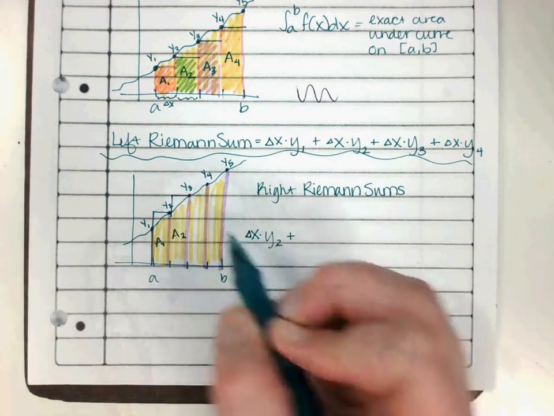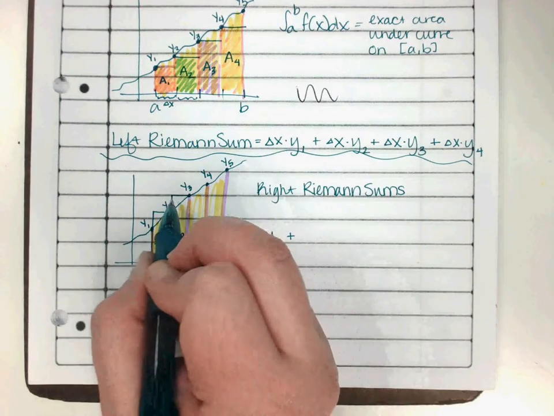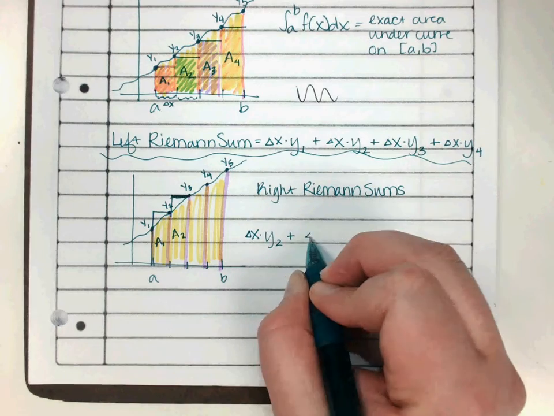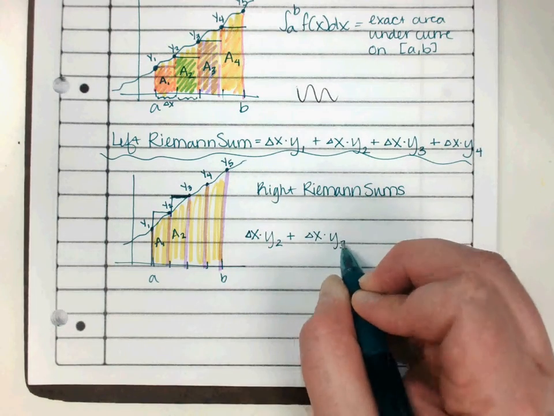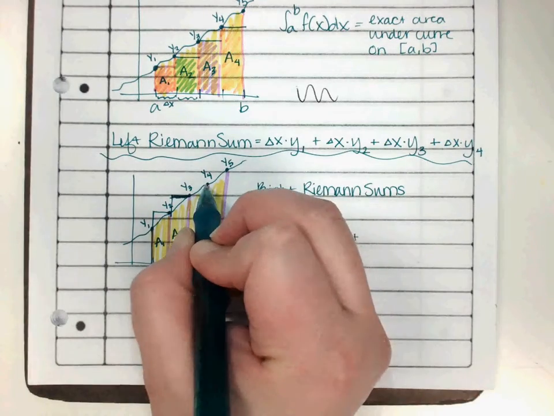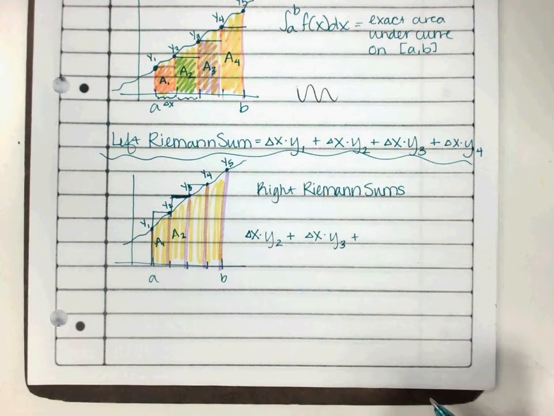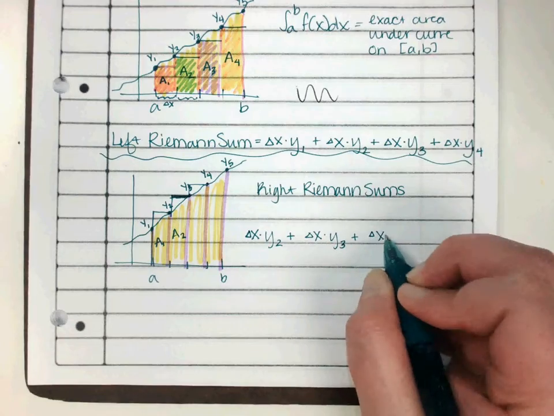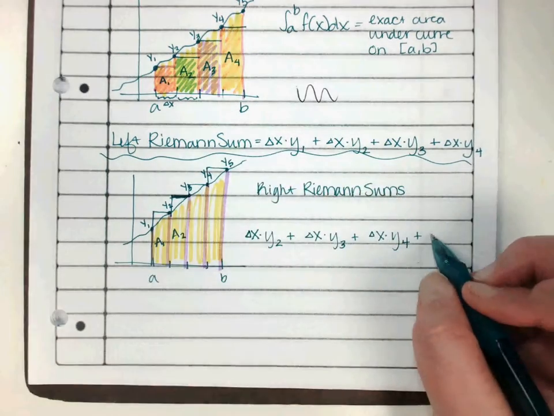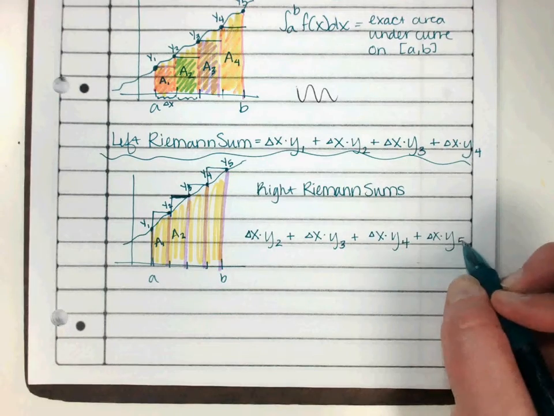Y3 is on the right, so y3 is the height that I'm going to choose. So that'd be delta x times y3, plus. Next one, y3 versus y4, I'm picking y4. So that'd be delta x times y4. And then for my last one, I'd use y5, delta x times y5.